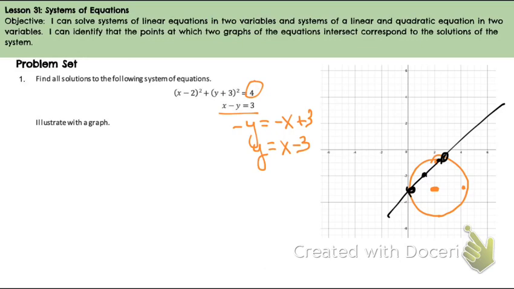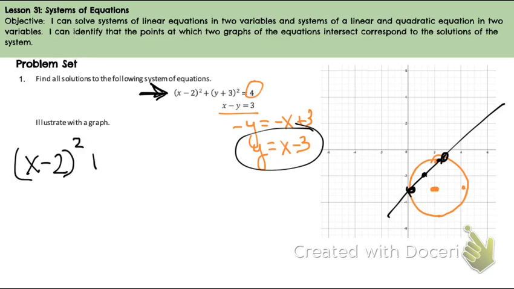So I'm going to find my solutions. So I solved for y in terms of x, and now wherever I see y in this circle equation up here, I'm going to plug in x minus 3. Okay, so that's my y value, x minus 3, and then I still had to add 3.